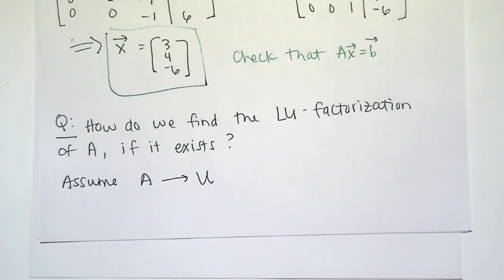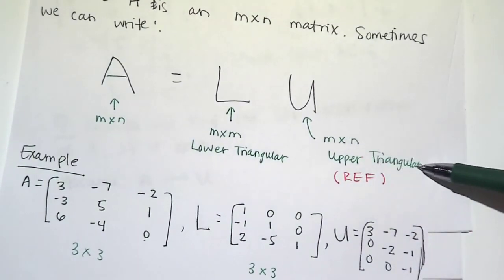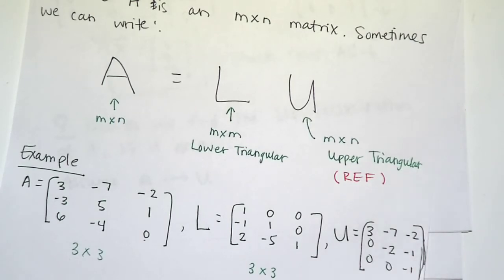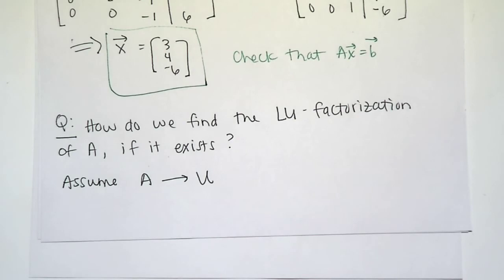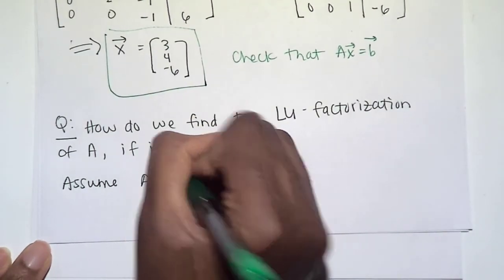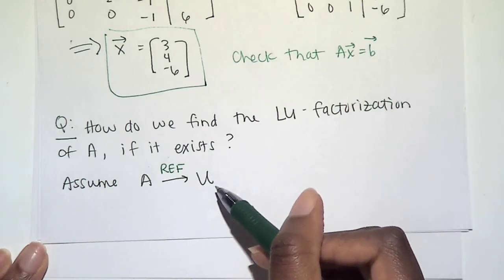Remember, U is an upper triangular matrix, which means it's an REF. So what we're going to do is row reduce A into REF. And that result is going to give us U.